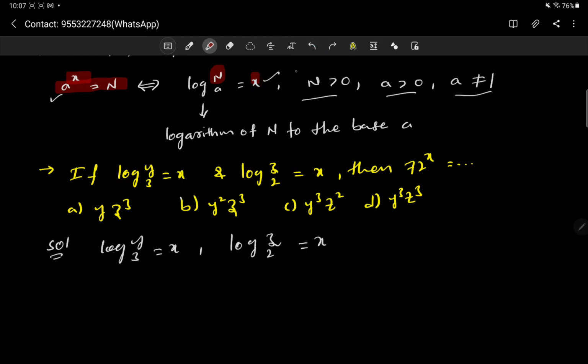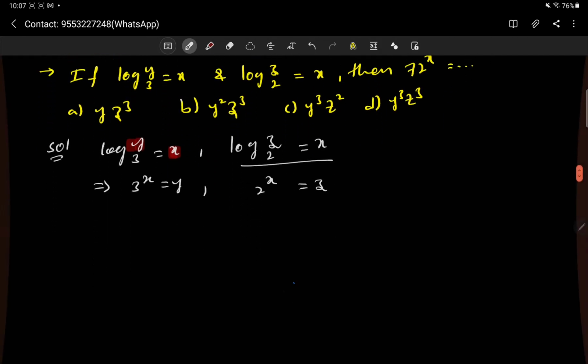In that way we can remember it. Then what you will have is 3 power x is equal to y, and from the other one, 2 power x is equal to z.